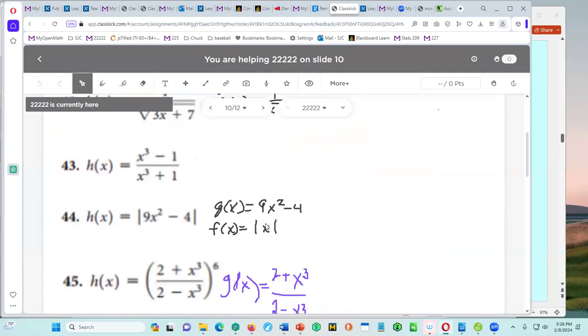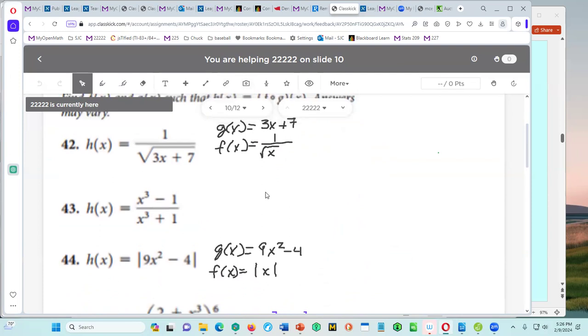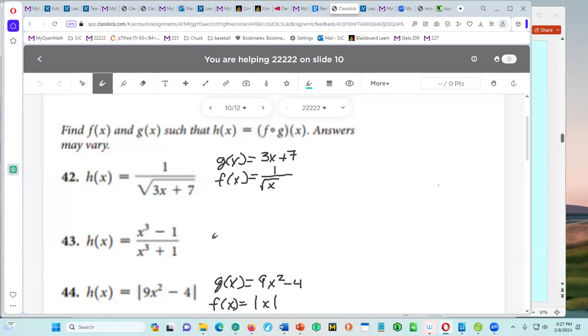Okay, so 43 is kind of not like the others, because in the others there was something that was pretty clearly inside something else that kind of got us going. In this case, it might be better to start with the outside function.